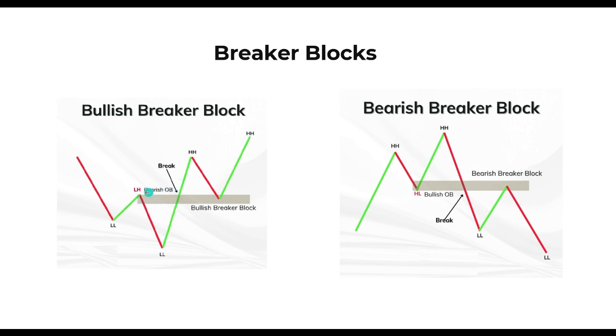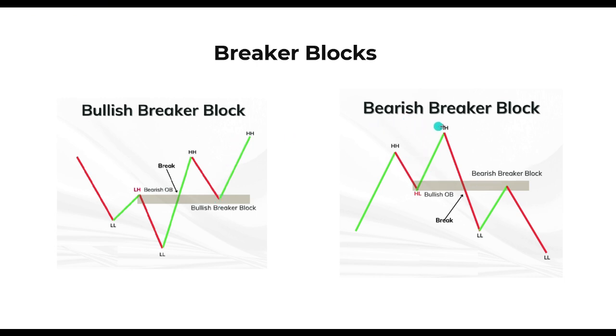Once it fails and price breaks structure and changes trend, that previous order block becomes a breaker block. So now it turns from resistance to support. When price comes back to that breaker block, we take advantage of it to take trades. It is supposed to act as a support zone here. Just as you can see, it holds price and price keeps going up.